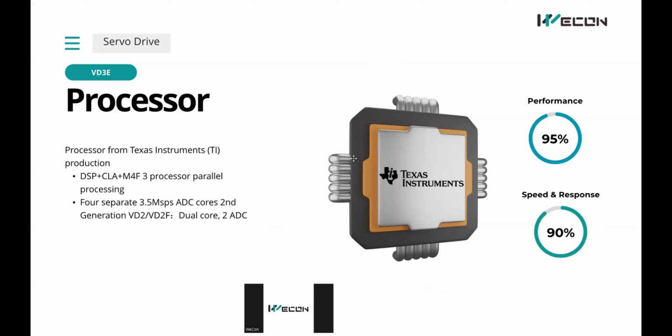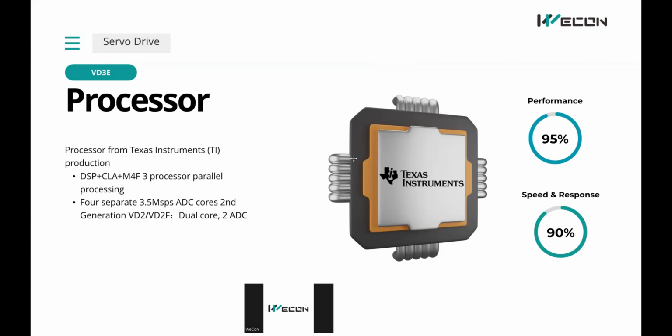Is it possible to change parameters through communication? Yes, you can change the parameters through communication, but not Modbus communication. We need to use EtherCAT communication to change our parameters.